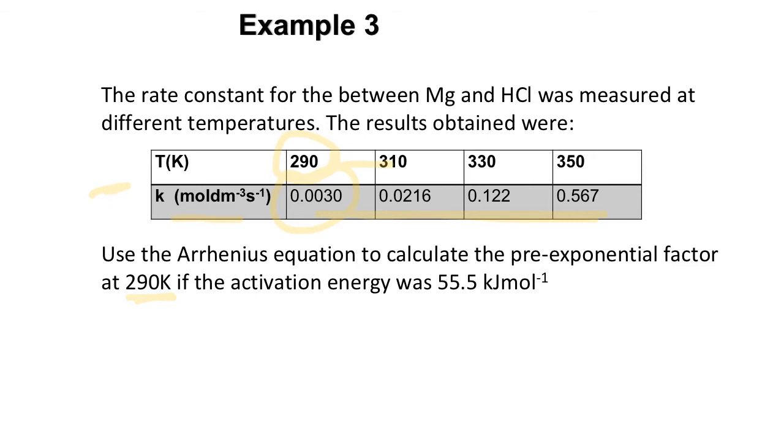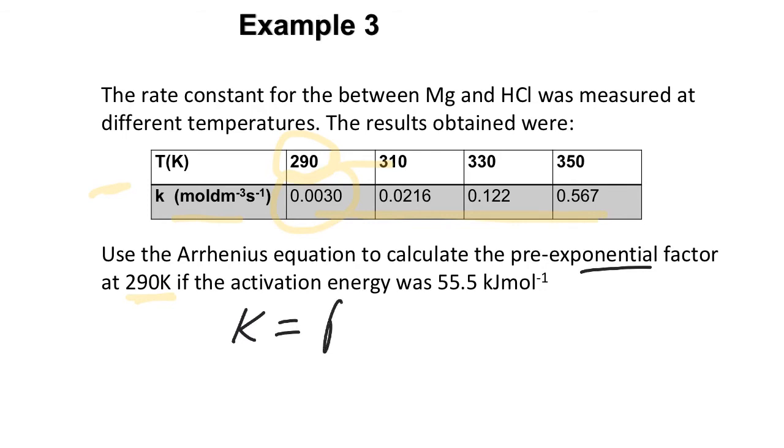In this case, because you're calculating the pre-exponential factor, you're better off using the original form, because the rate constant is given.